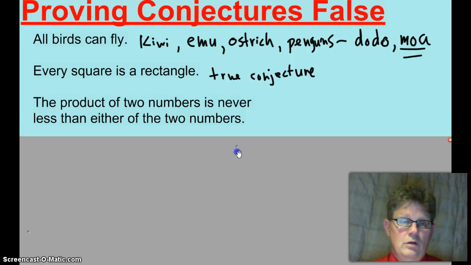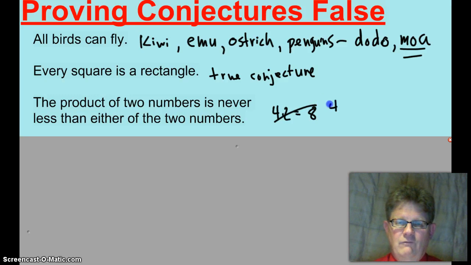The product of two numbers is never less than either of the two numbers. Let's try 4 times 2. 8. Is that less than either of those? Nope, that doesn't work. That's not a counterexample.